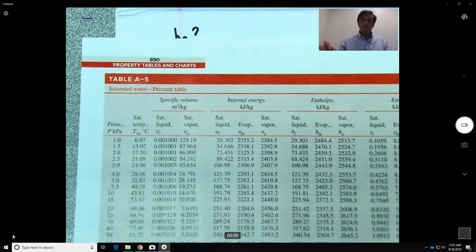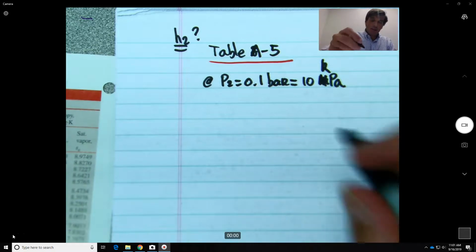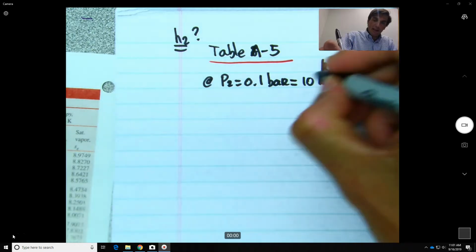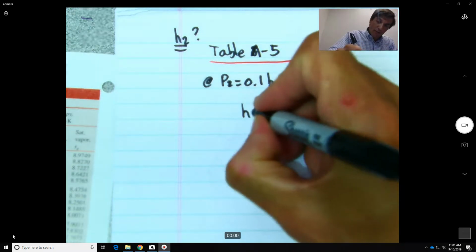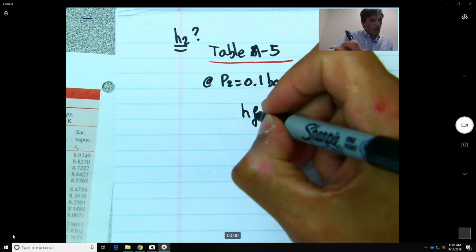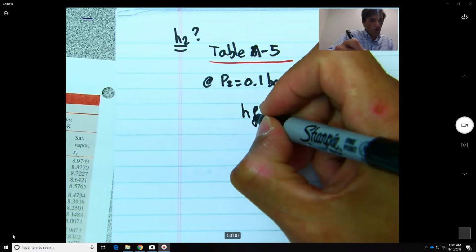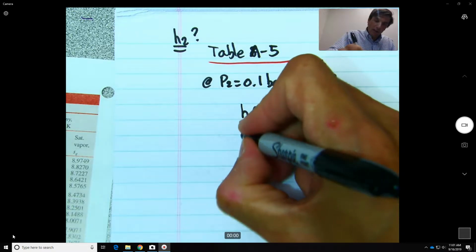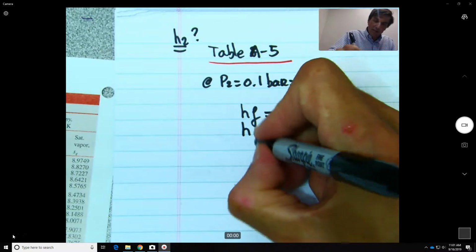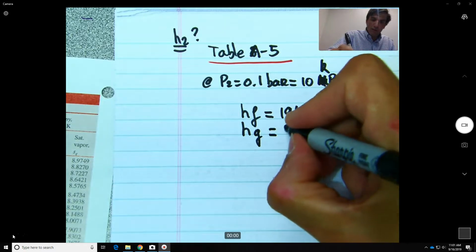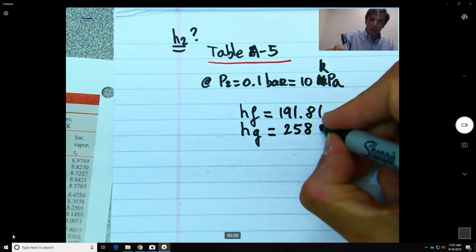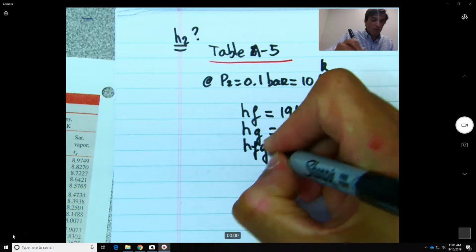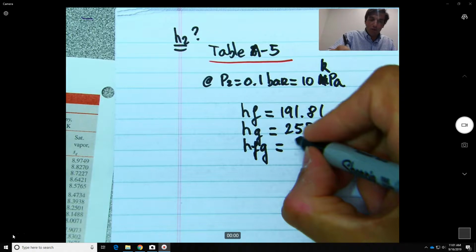So from table A5, at 10 kilopascals, we have H fluid equal to 191.81, H gas equal to 2583.9, and HFG, which is just the difference between both of them, is 2392.1.